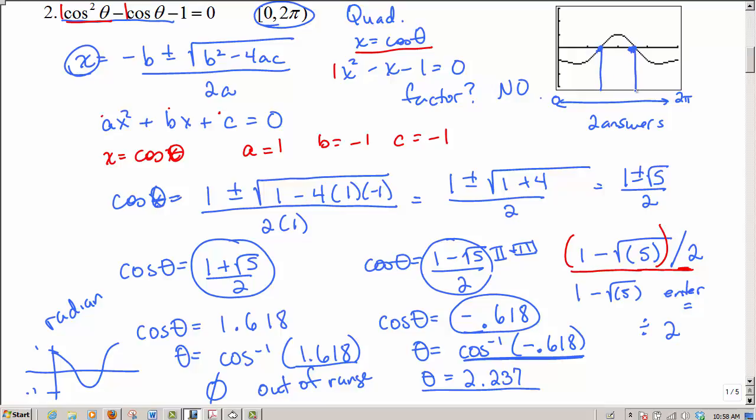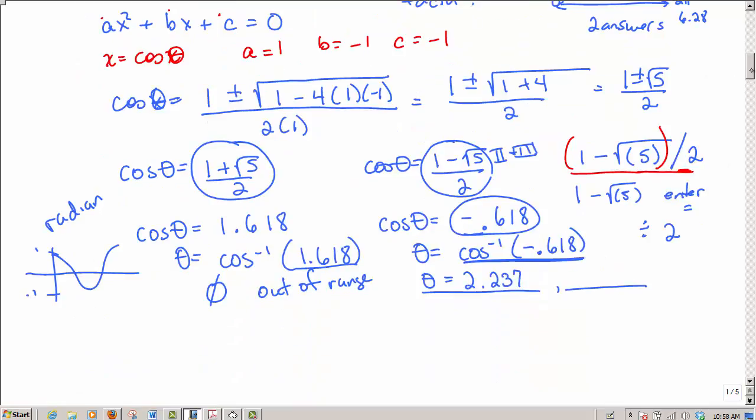Where are these 2 values? Well, 2 pi is about 6.28, so 2.237, believe it or not, is right here, and that is in quadrant 2. So how do we get our answer in quadrant 3? Well, we need to use some reference angles, so I kind of think about it like this.